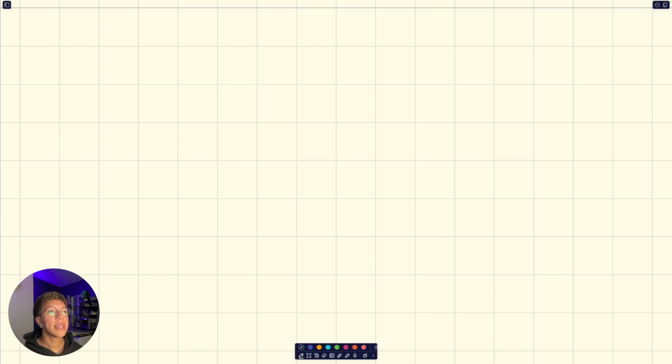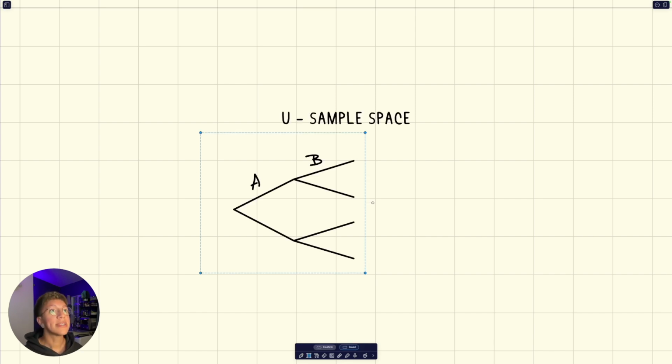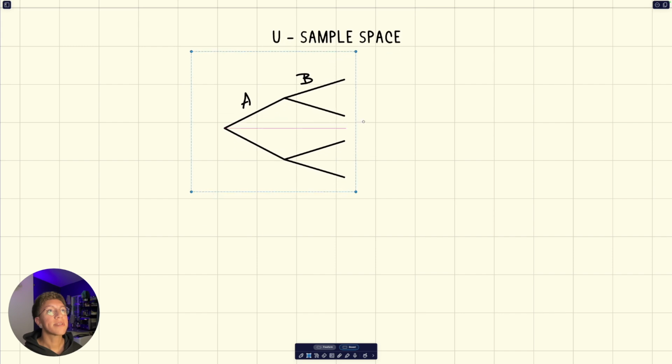So our standard case that we mentioned up above looks something like this, and our sample space for it is then just these 4 paths. 1, 2, 3, 4. We have 4 possible outcomes. And this is our sample space, U.